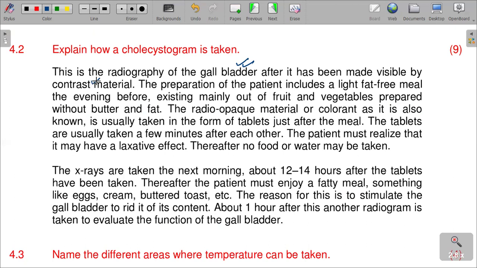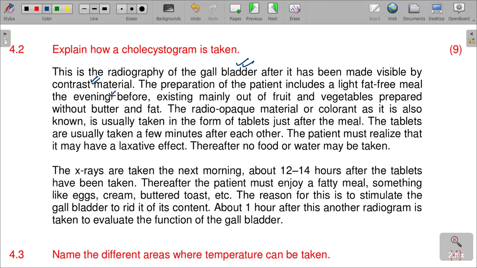We said that hollow organs, when X-rays are to be taken, need the administration of a contrast material. The preparation of the patient includes a light fat-free meal in the evening.